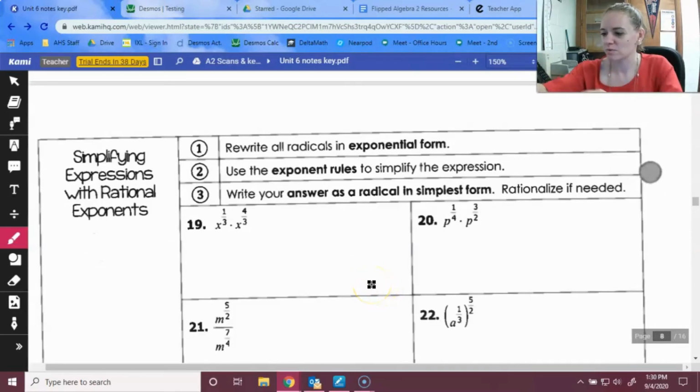So this is when we have multiple versions multiplied together, and how we can simplify these. Rewrite all radicals in exponential form, and this is an if needed step.